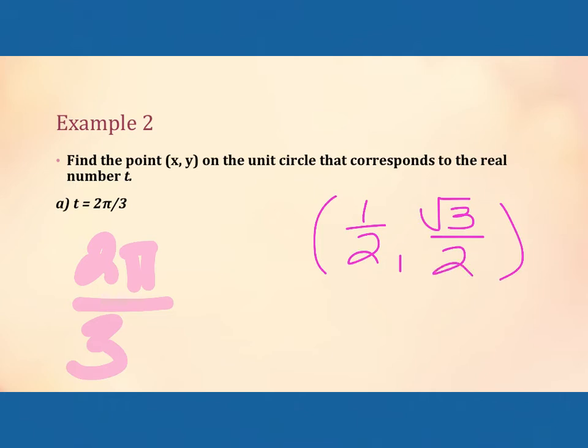Now, if you have your unit circle sitting in front of you, you would know that 2 pi over 3 would be the one in the second quadrant, because it's one less than the bottom. But if you don't, you just have to say, what quadrant is that at? 2/3 is in between a half and 1, and in between a half and 1 is your second quadrant. And in my second quadrant, the x is negative, the y is positive.